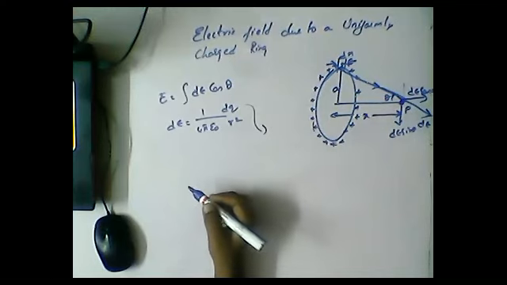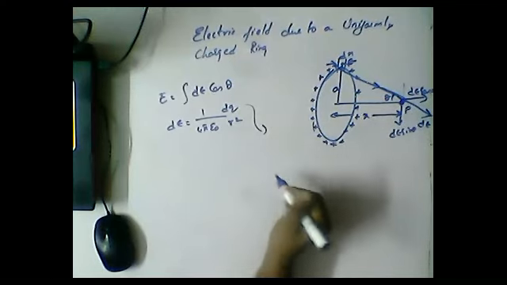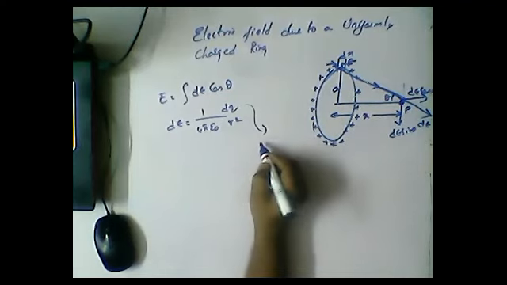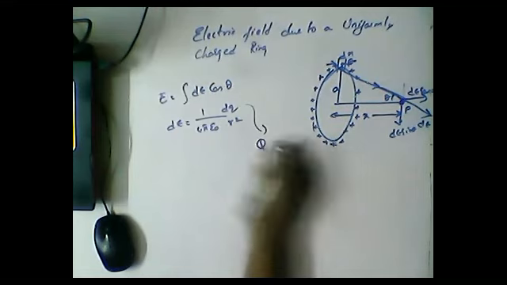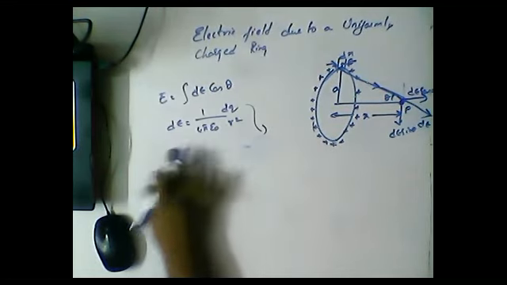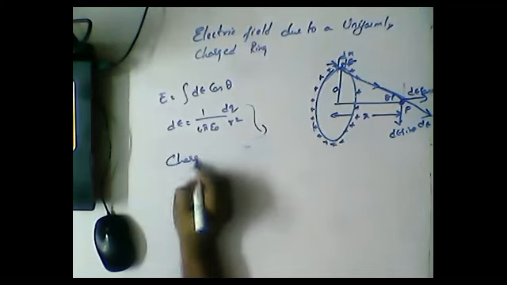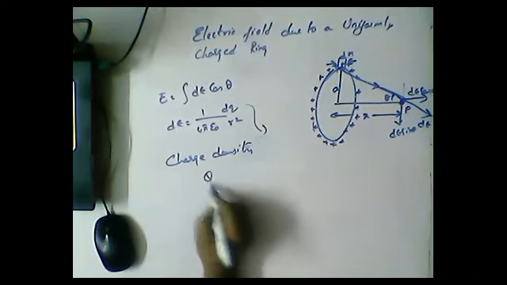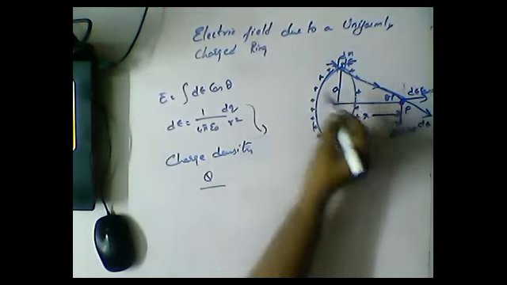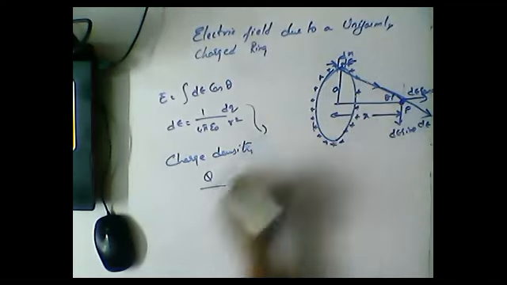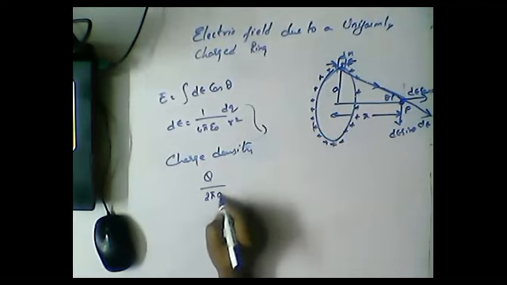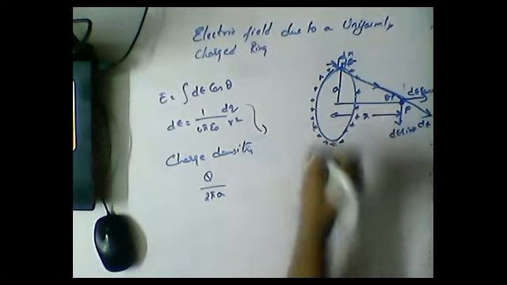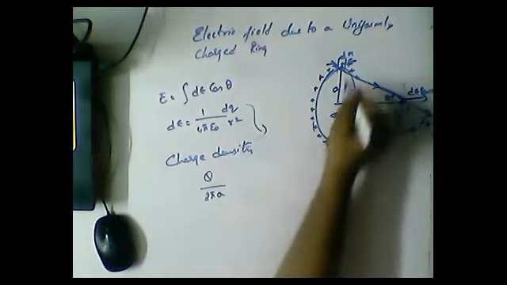In order to get the dq, first of all, what is the charge density here? The charge present here is capital Q. So the charge density is capital Q over the total length, 2 pi a, the circumference.